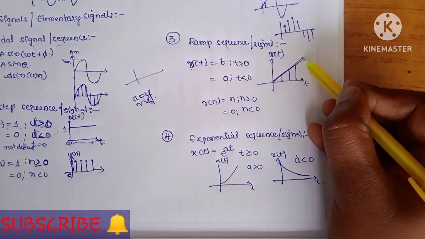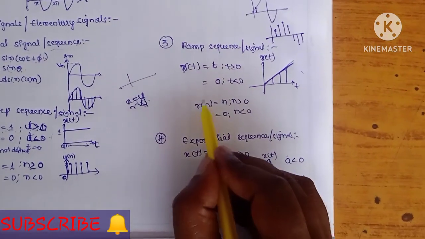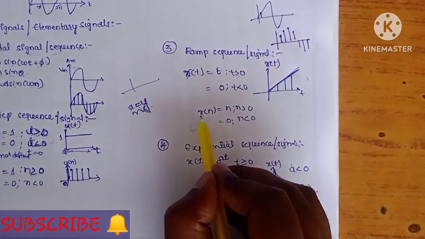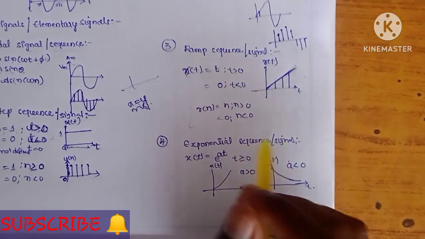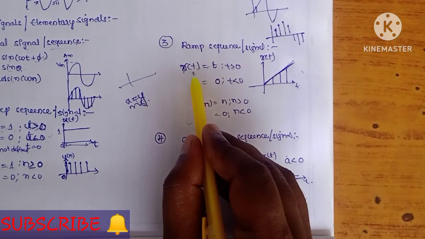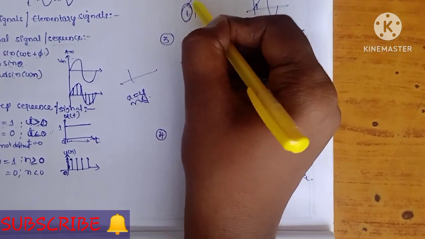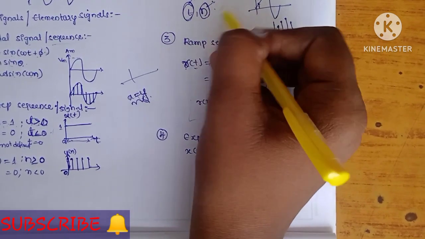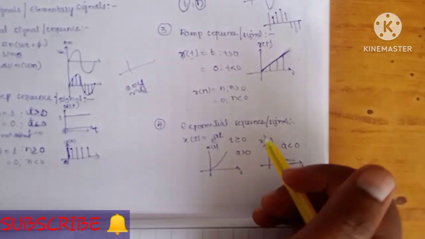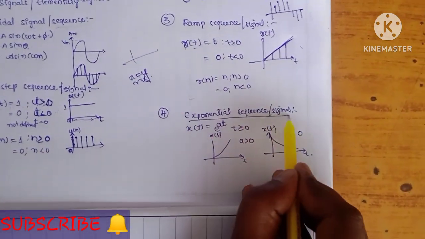This is the ramp. In the case of discrete sequence, we take n, which means samples. We use t for signal and n for discrete sequence.